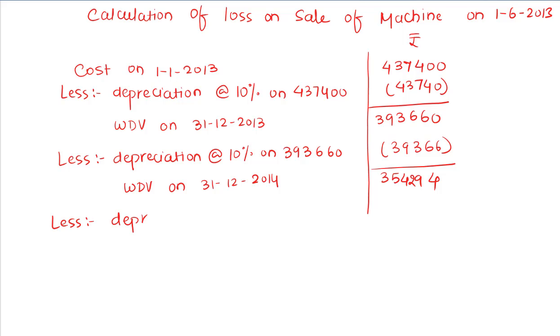354,294, less depreciation at the rate of 10% on 3,54,294 for 5 months, January, February, March, April, May, till May.